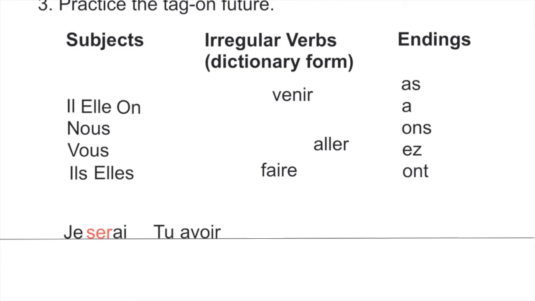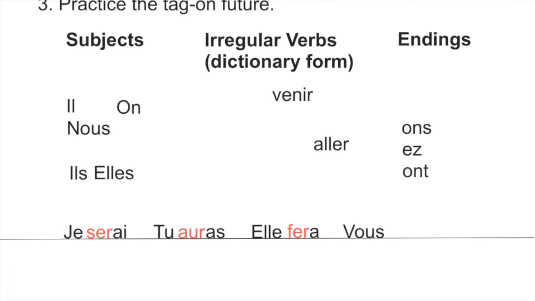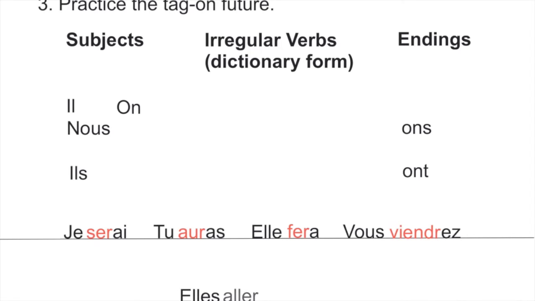And the tag-on future, using tu as a subject this time, is tu auras, you will have. For faire, the stem is fer. And we have here, elle fera, she will do. For venir, the stem is viendr, and our example becomes vous viendrez, you will come. And finally, aller, the stem is ir, and our example here is elles iront, they will go.